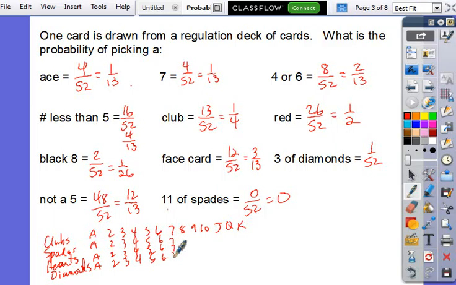So if it helps for you to have this and see what you're dealing with, you can write that out. So maybe that'll help.